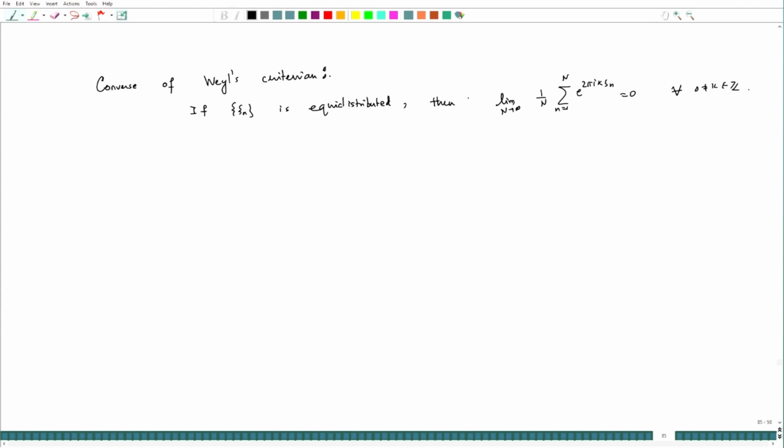Okay. So now, the statement that xi n is equidistributed means what?